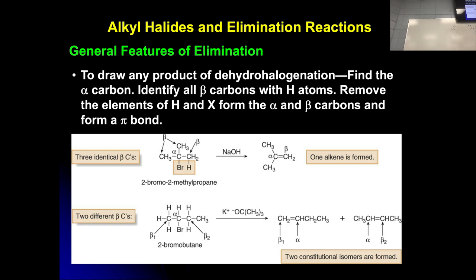So I could lose a hydrogen between beta 1 and the loss of the halogen on alpha, and I could get this product. Or I could eliminate the hydrogen on beta 2 and the halogen from alpha and get this product. Okay? Do you think I'm going to get those products in equal amounts?